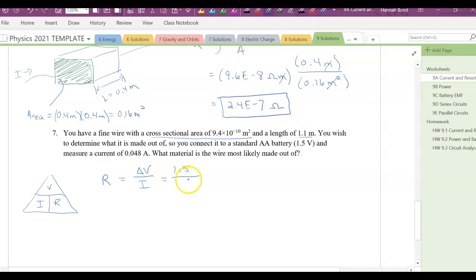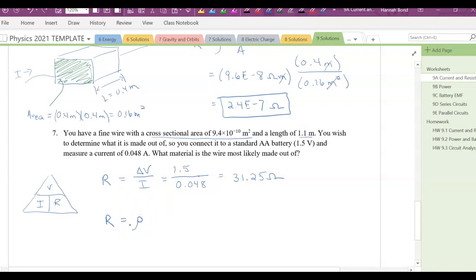The current was 0.048. So the resistance of this little wire is 31.25 ohms.